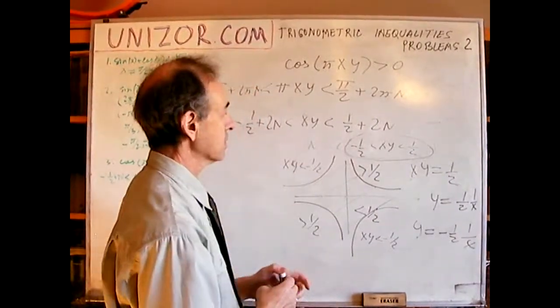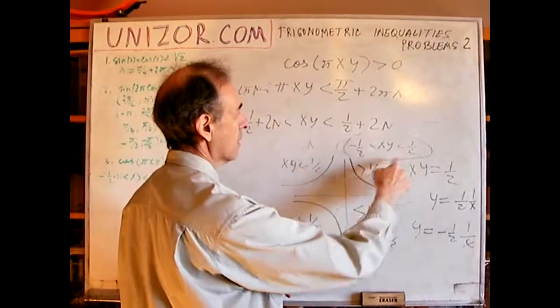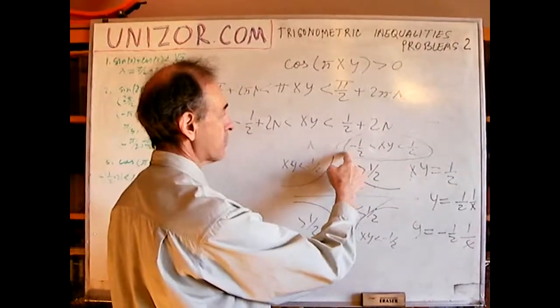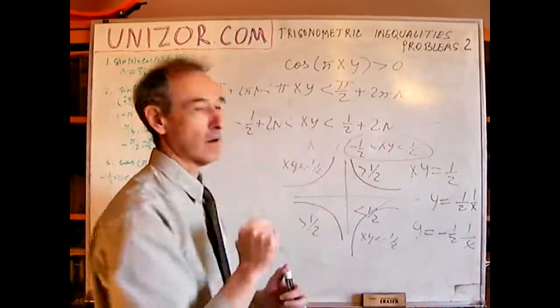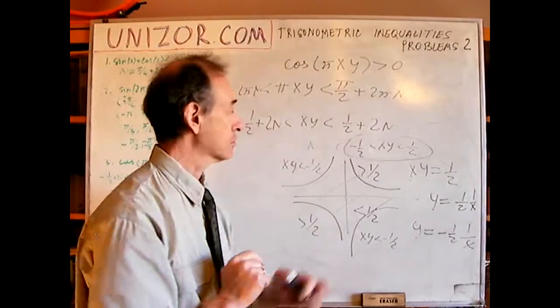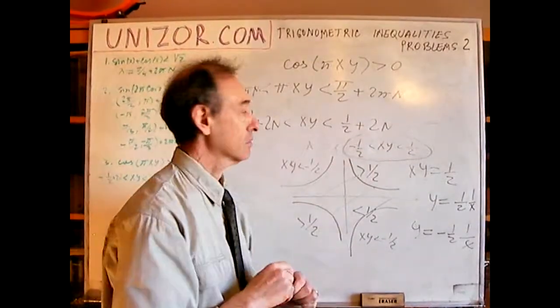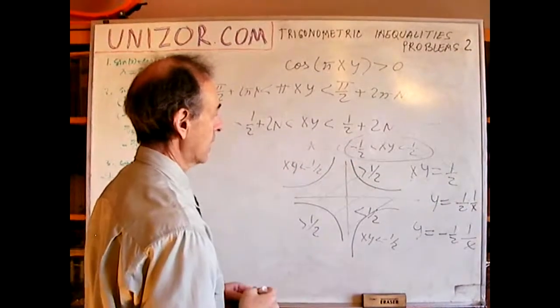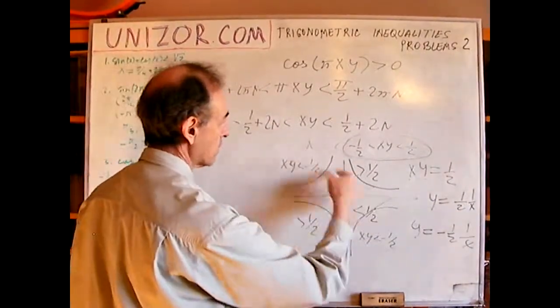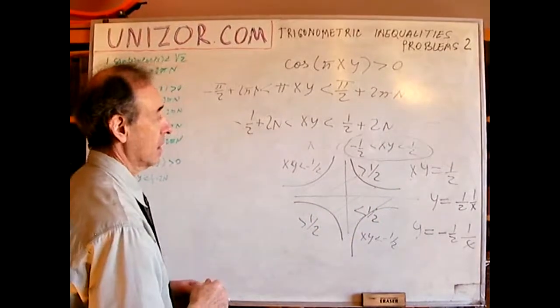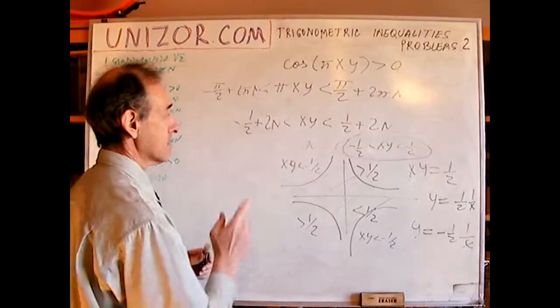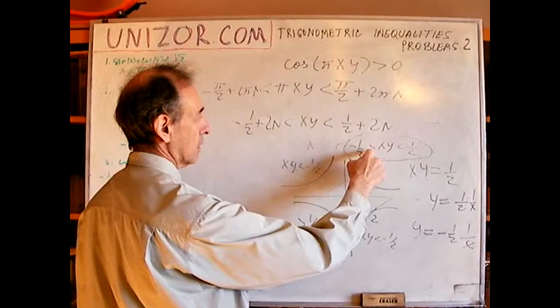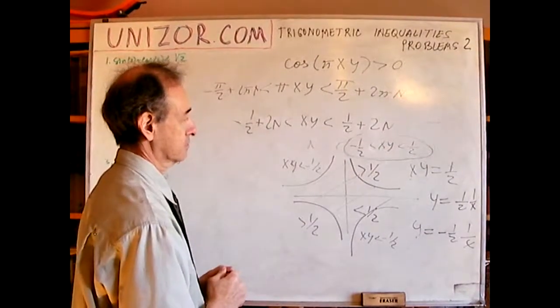So that's what it is. This is the area represented by the two inequalities, when xy is greater than -1/2 and less than 1/2. It's this area in between these four lines. Okay, fine. That's done for n is equal to 0. Let's move on.